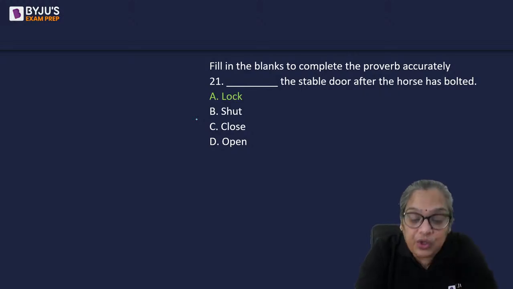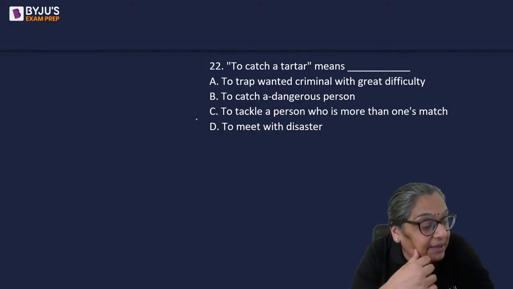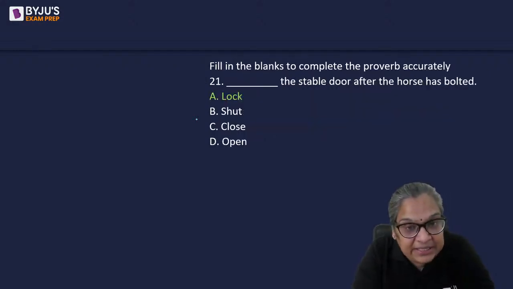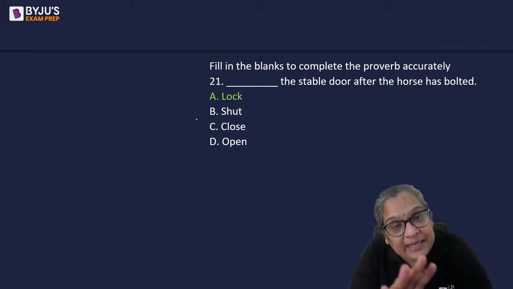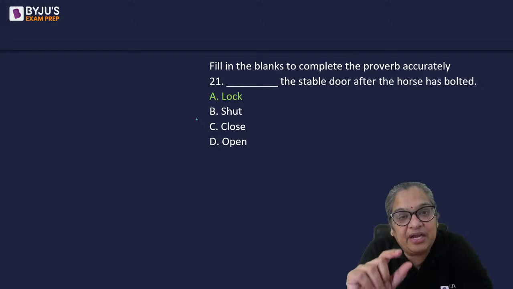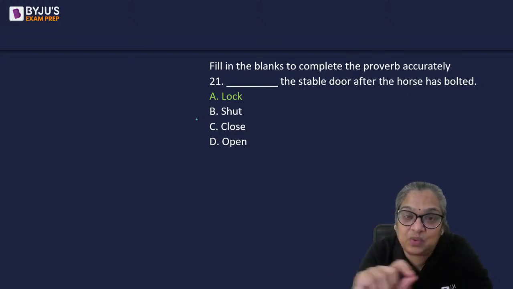This was a 2011 snap question. All right. They mean the same thing. If you look at the options in any Indian English preparation book, it will say shut the stable door. Okay, all students ask what is the meaning, they'll tell you.